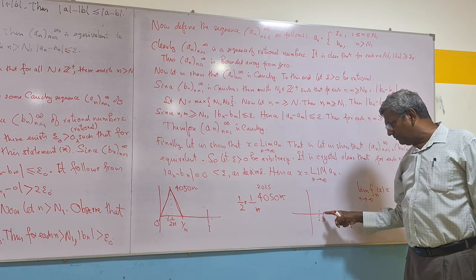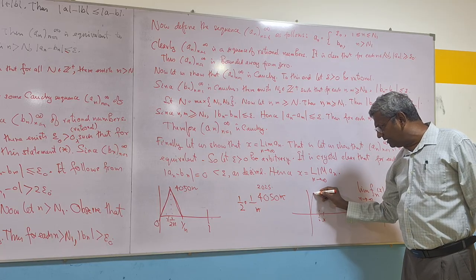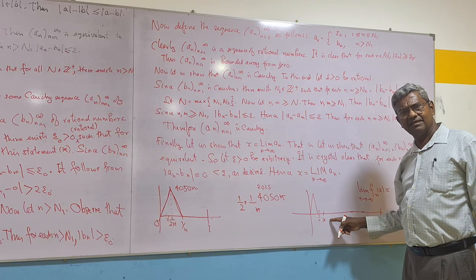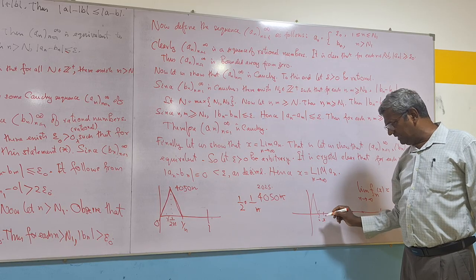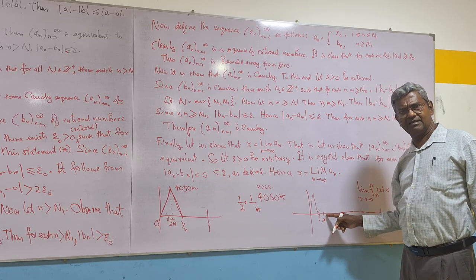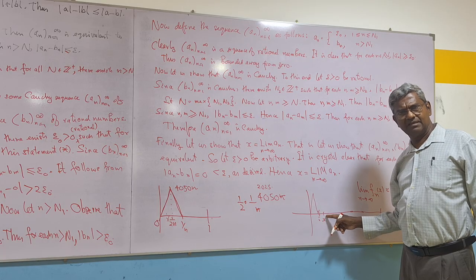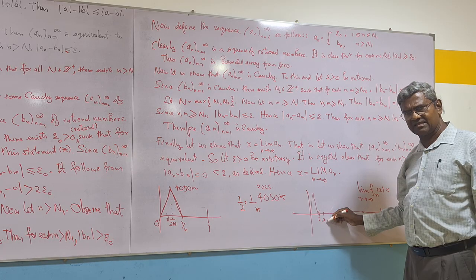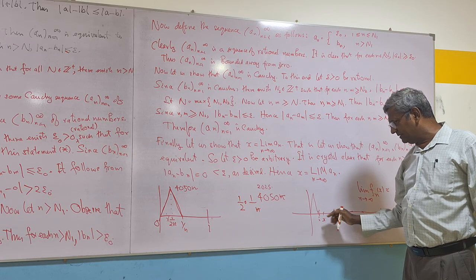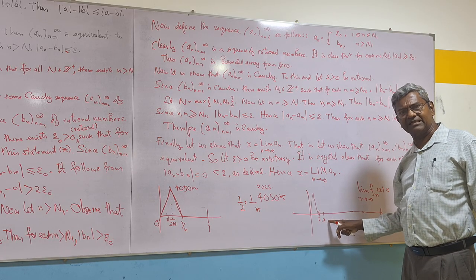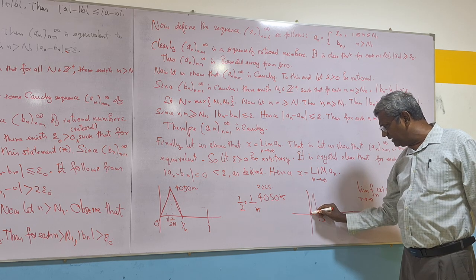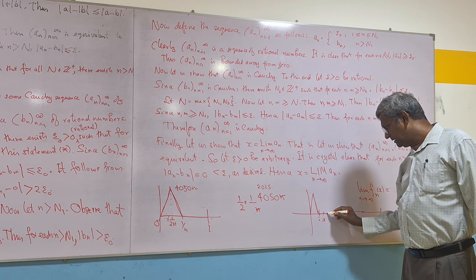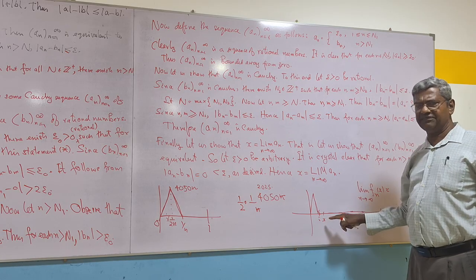When 1 over n comes here, then your triangle will be like this. Therefore, for this n, what is Fn(x)? I took an x, then I took an integer n with 1 over n strictly less than x. So my graph will go this way, and this way. So what is Fn(x)?